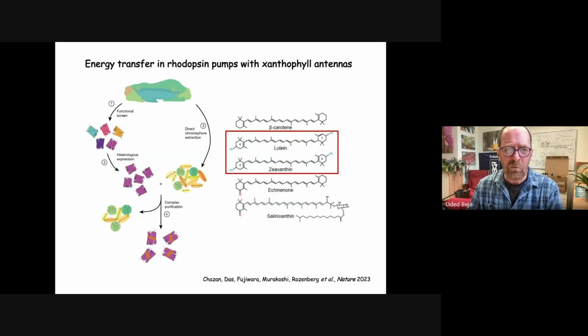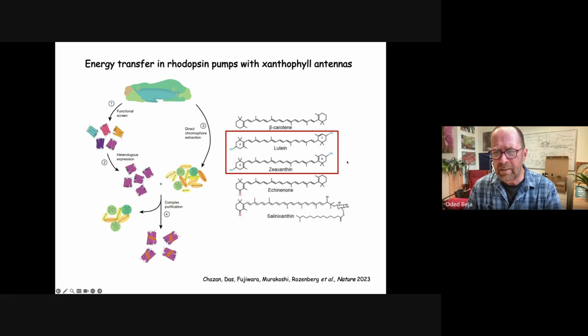In order to find those antennas, the approach was very simple. We started from Lake Kinneret using metagenomics. We found different rhodopsins, but at the same time, we extracted different carotenoids from the same environment. And then we combined everything, and we were looking for rhodopsins that actually can bind carotenoids.